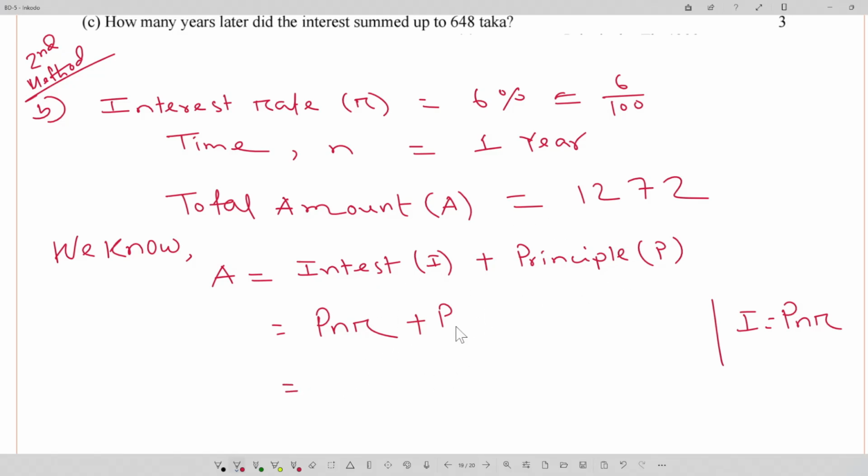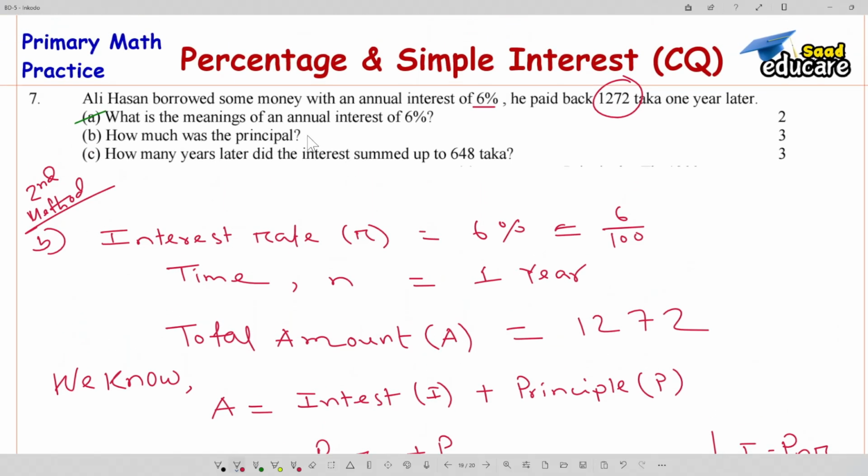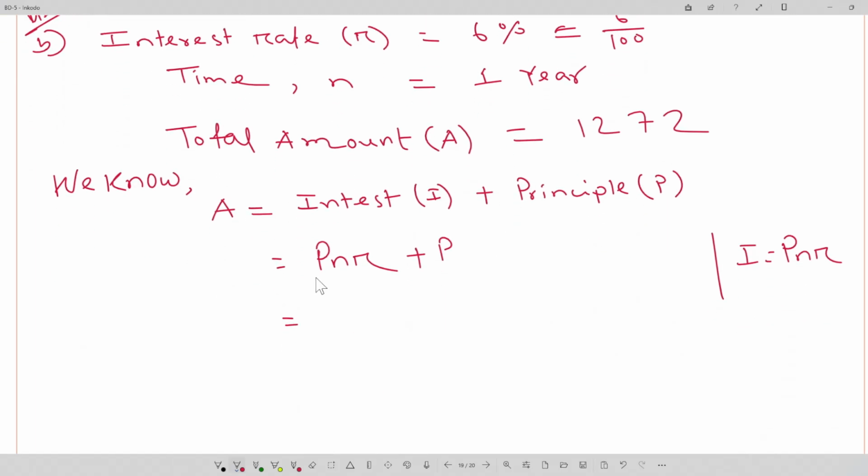So we have to find the value of principal. It means we need P. So here we can take P common. So here is nR plus 1, right? So here 1272. Now on both sides we can divide by nR plus 1.